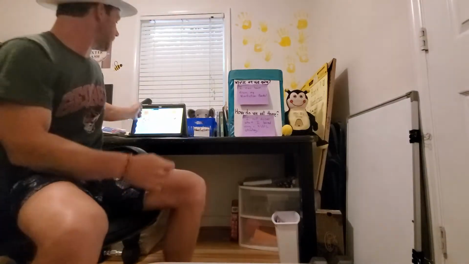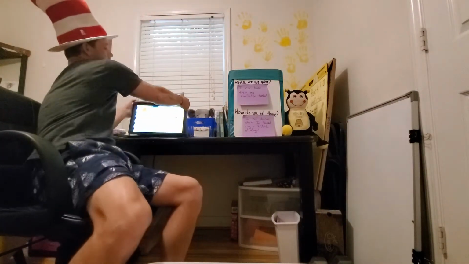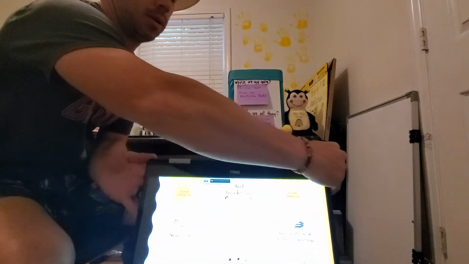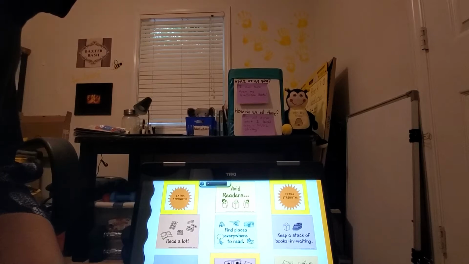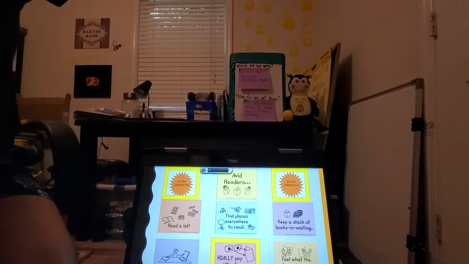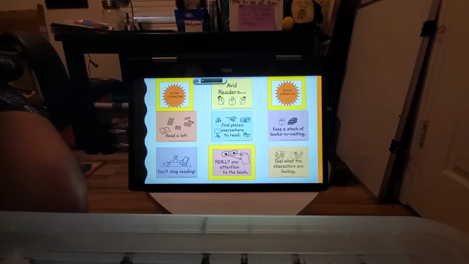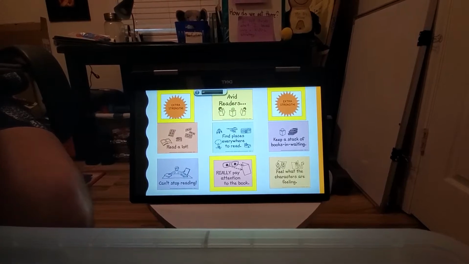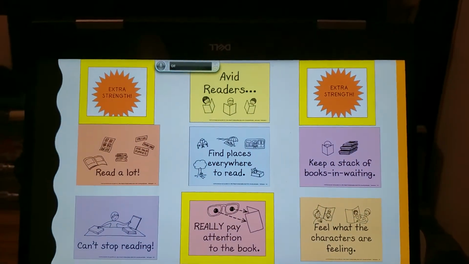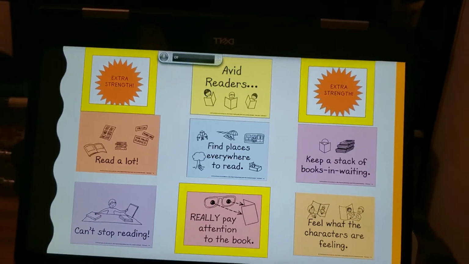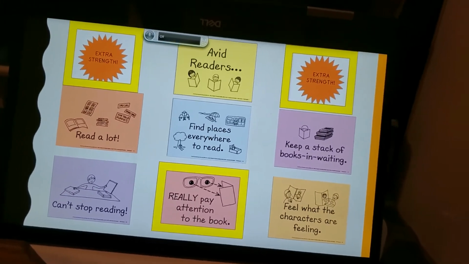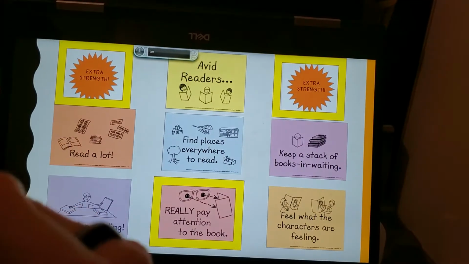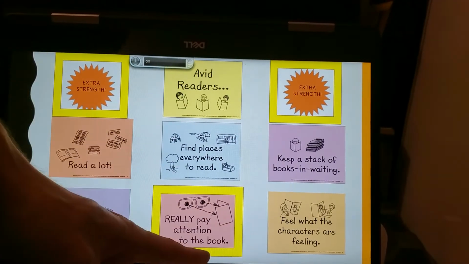But first, let's take a look at our avid readers' powers and talk about which ones we'll be looking at today. Let's zoom it in. Thank you guys for staying with me in the technological age. Today, we know avid readers really pay attention to the book.